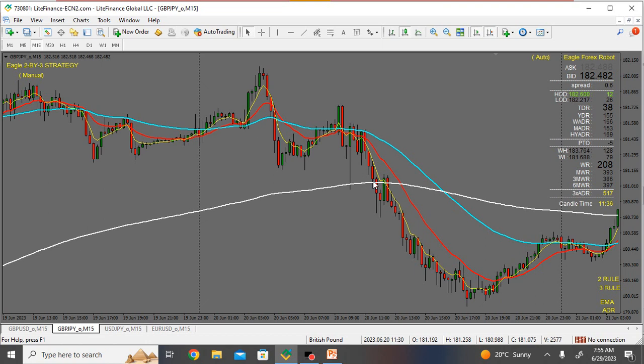But you should keep cautious with this 210 exponential moving average. Here you should keep attention with these candles.